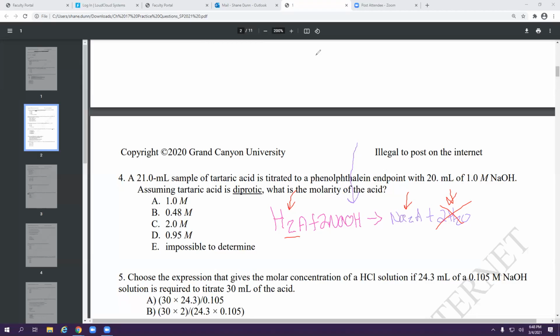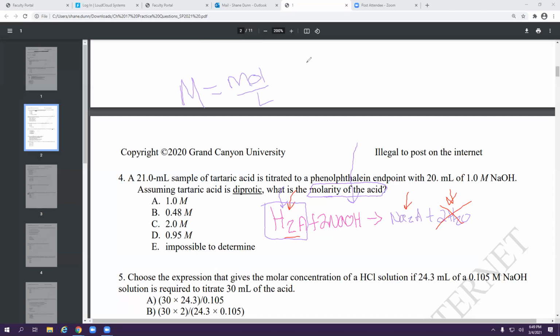So what is the molarity of the acid? So what am I looking for? Look for the molarity of the acid. That's my acid, right? Okay. So what is molarity? Big M, moles over liters.